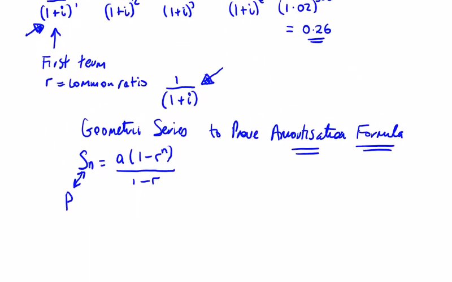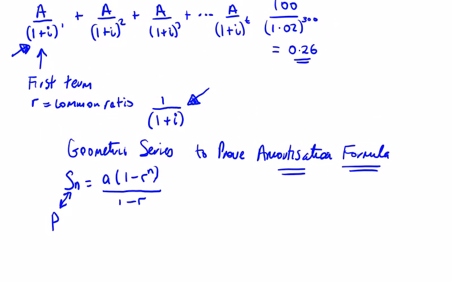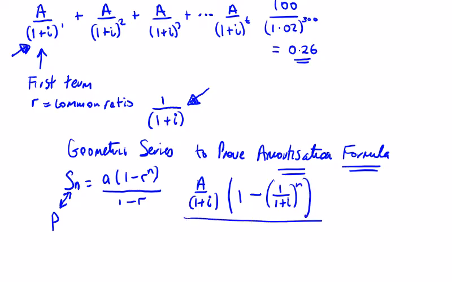month. So P is A over 1 plus I to the power of 1, or just A over 1 plus I, times 1 minus my ratio, which is 1 over 1 plus I to the power of N. And on the bottom, I just have 1 minus my ratio, which is 1 minus 1 over 1 plus I. So there's a couple of things I do here. 1 over 1 plus I to the power of N, which is this guy in here.